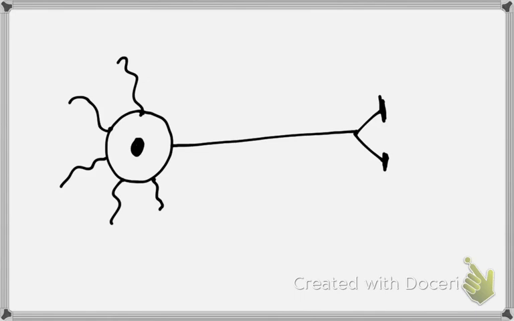Let's label the parts of our neuron. These are called dendrites. It's a D, okay? I want to make sure it looks like a D. Dendrites. This right here is the cell body.